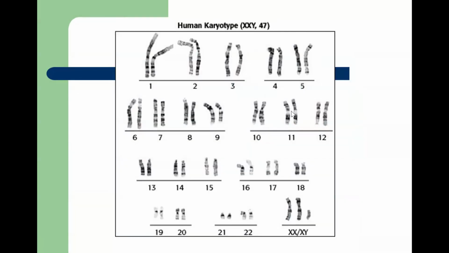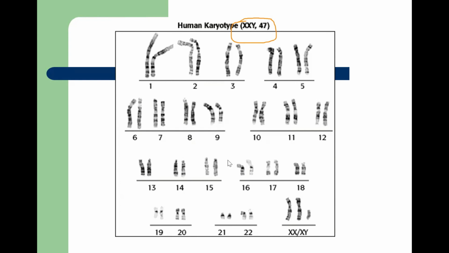The next thing after that is the human karyotype. So you see, this is karyotyping. When there is an extra X chromosome, as you can clearly see here, that is when we have Klinefelter syndrome, and this can be done through karyotyping. That will give you an idea of the exact number of chromosomes.